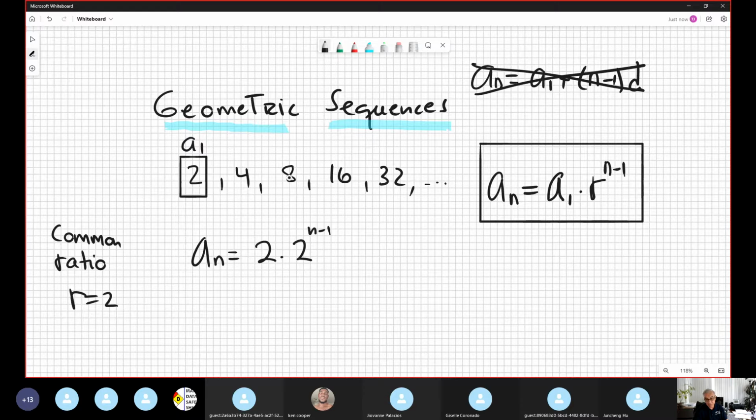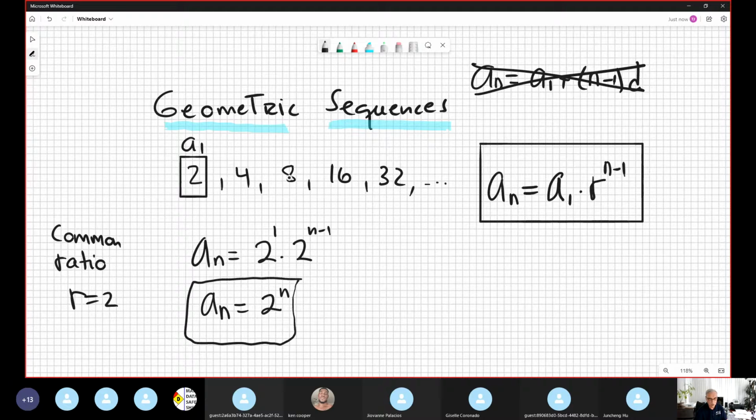You can leave it like that. There is no reason to keep two numbers, because it is the same base. The exponent is 1 plus n minus 1, which is n.